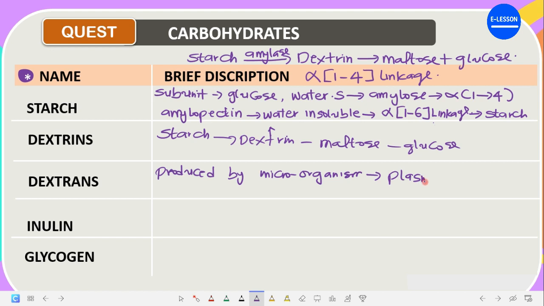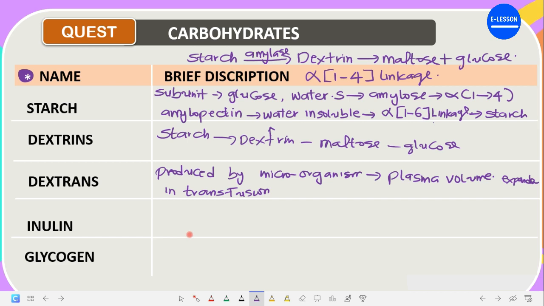Dextran, I will ask you this question in your quiz. Take note of it. Plasma volume expander in transfusion, and in gel filtration or chromatography. That is for dextrans.